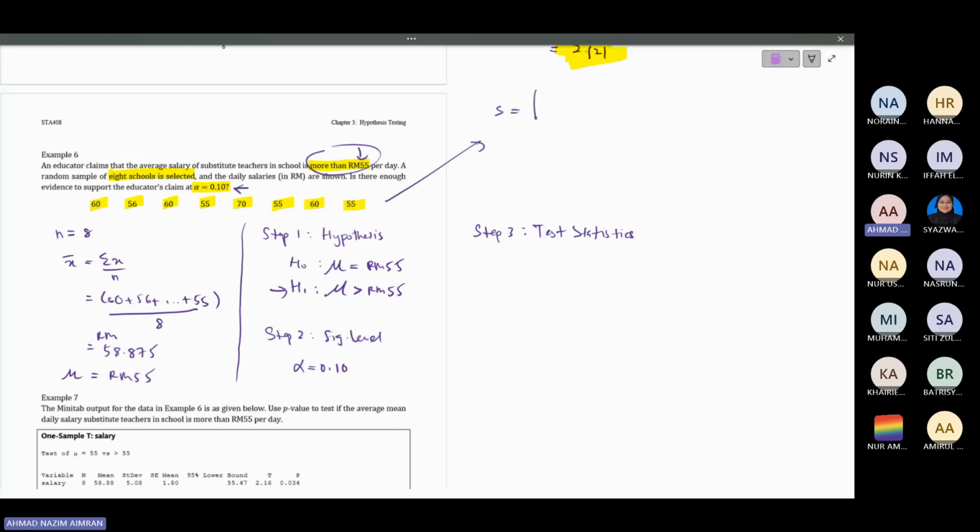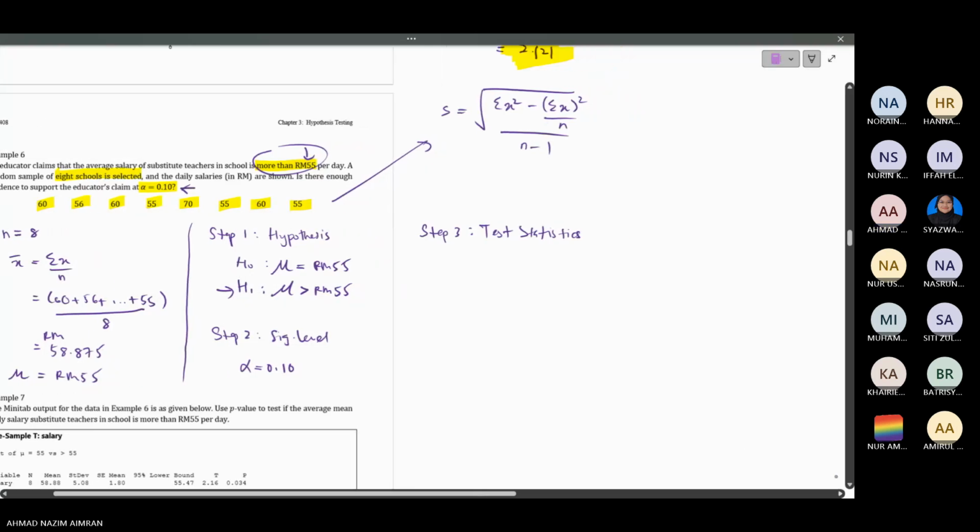And the formula is given by the square root of summation of x squared minus summation of x, squared, over n, all over n minus 1. So let's do this together. I think we need to construct a table first. I will just construct the table here.